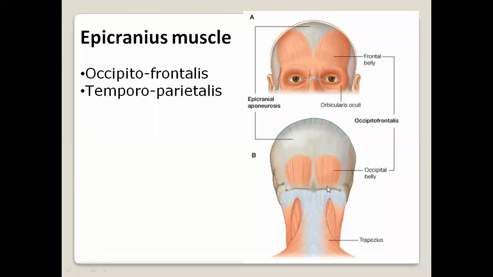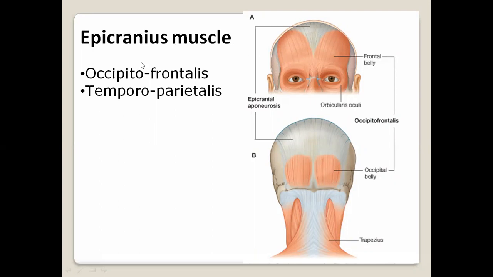The highest nuchal line is a line located just above the superior nuchal line. It is not always present, but sometimes it will be present. Okay. I think you are clear about the attachment of the epicranial aponeurosis.